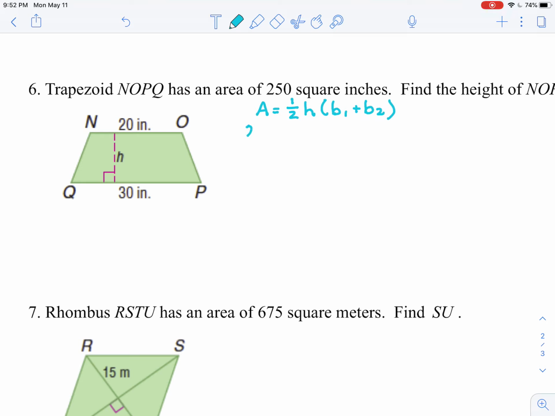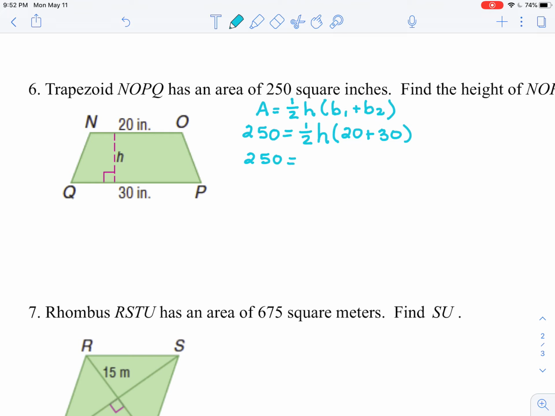Plug in all the information that we have. So here I have the area is 250. So that equals 1/2 times, I'm going to leave h for the height since that's what we're solving for, and then the two bases are 20 and 30.